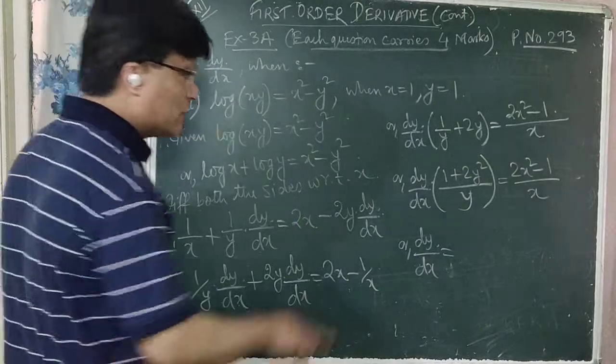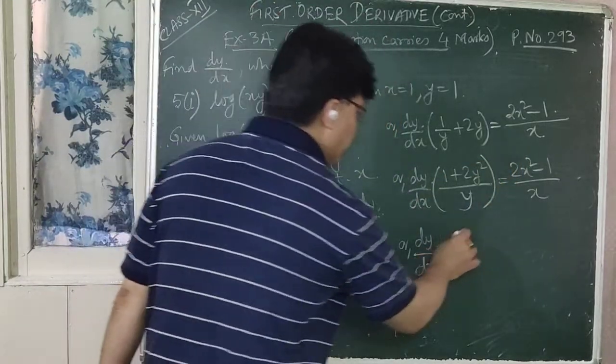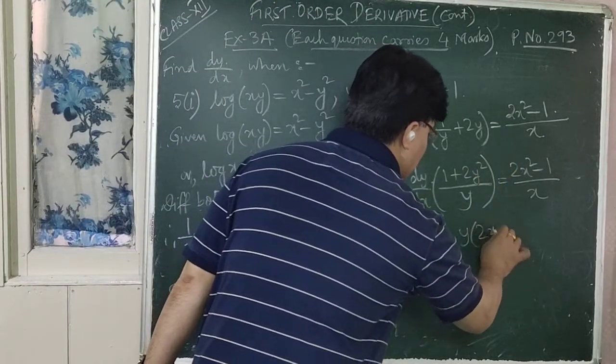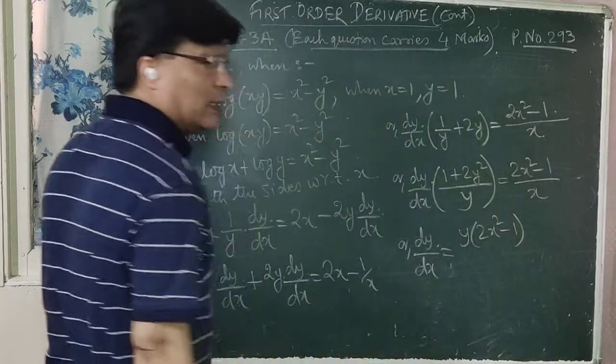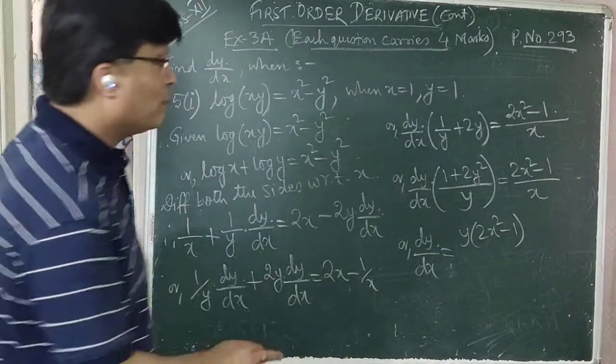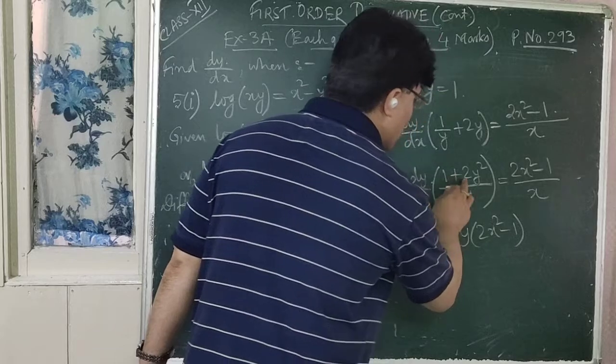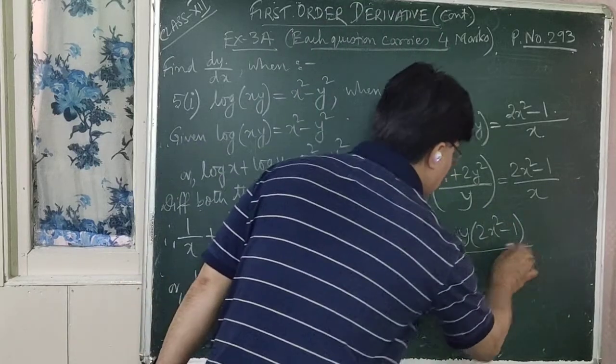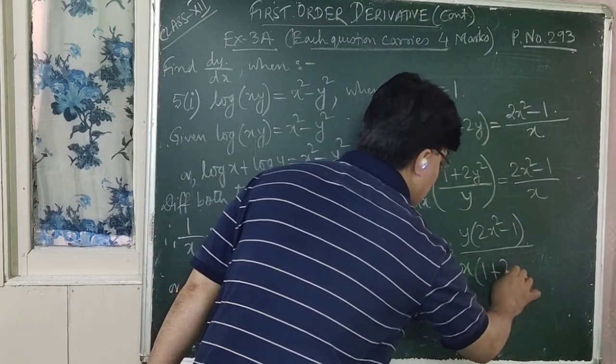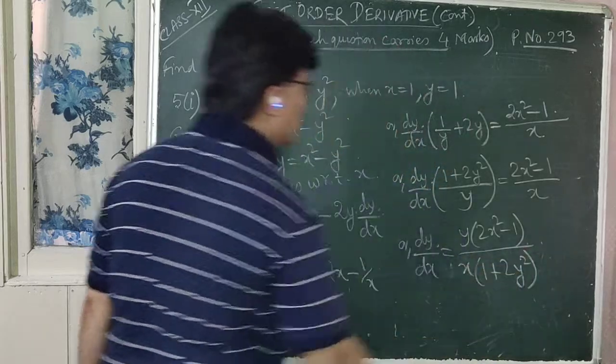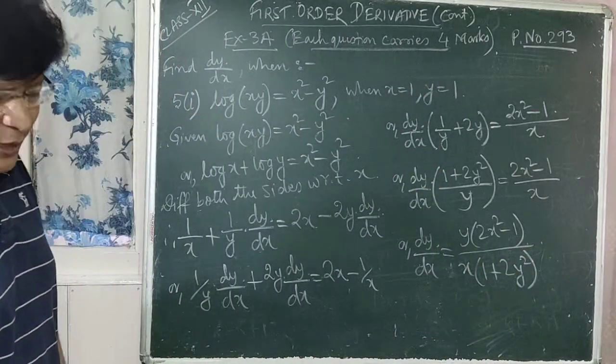So what is the value for dy by dx now? So dy by dx is equal to, now cross multiply by y here. So y into (2x square minus 1), then cross multiply (1 plus 2y square) by x. That means x within bracket, it is (1 plus 2y square). Okay.